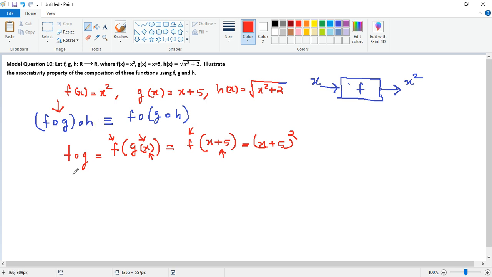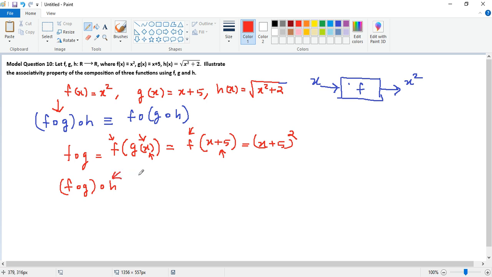Next we have to find (f o g) o h, right? So this is what we have to do next. We got f o g, and now o h means this f o g is getting h as input.